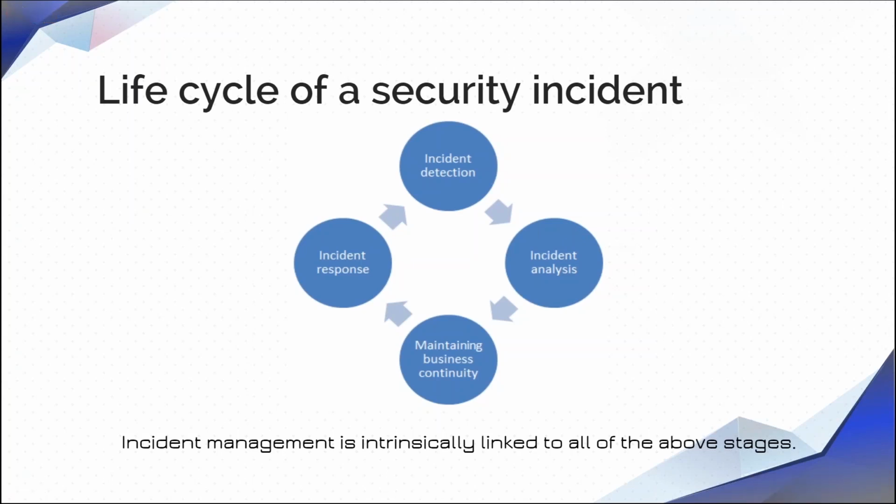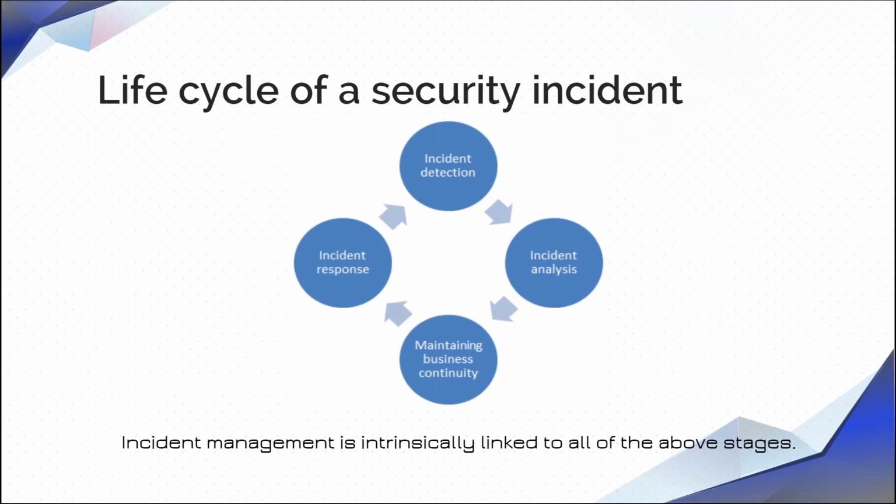But overall, the order is something like what is shown over here on the slide. Okay, and if you wish to have a strong security strategy in place, you need to have well-defined solutions and processes in place for each of these stages. Okay, so now let's discuss each of these stages a little bit more in detail.